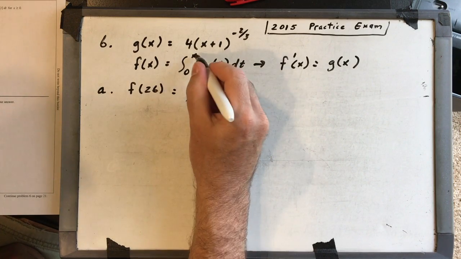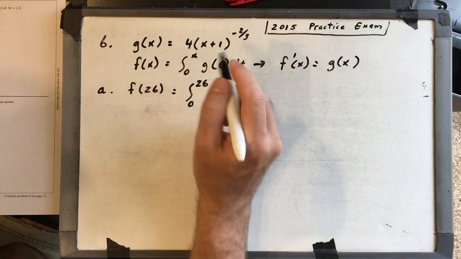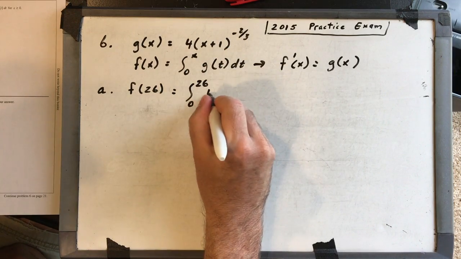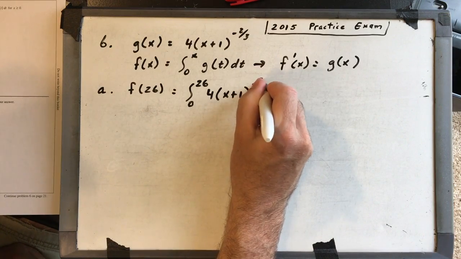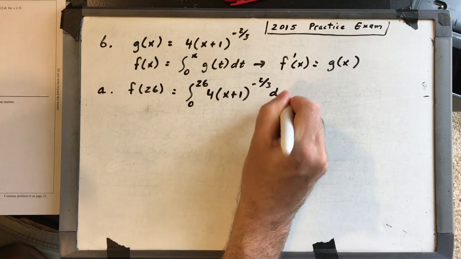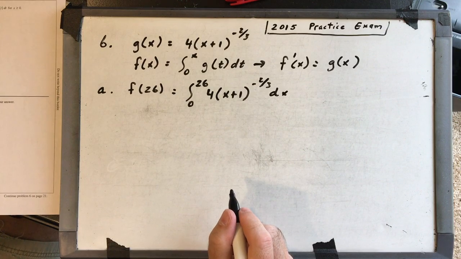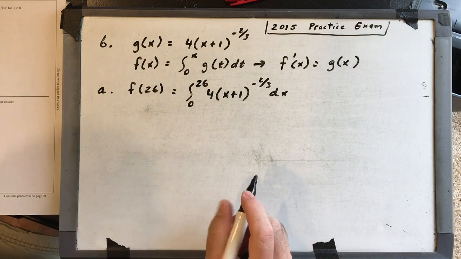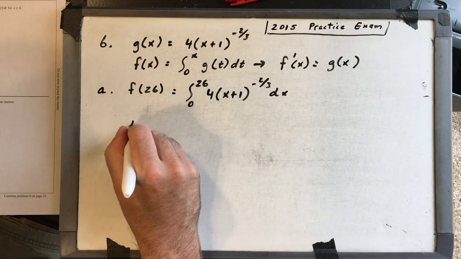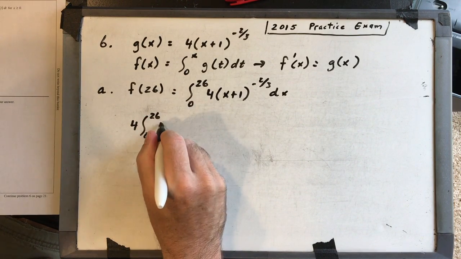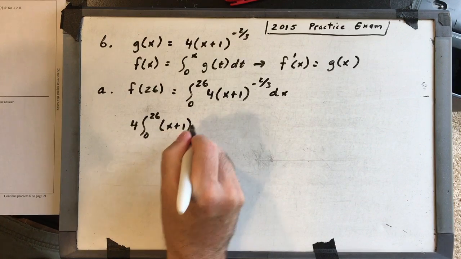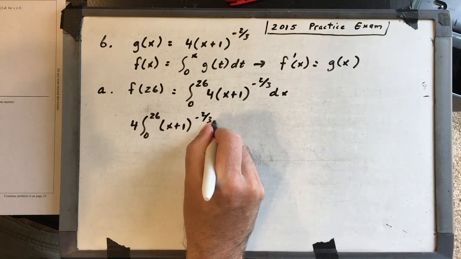So we plug the 26 in for x of f prime of x, the integral of 4 times x plus 1 to the minus 2/3 dx. I'm going to bring that 4 out front. We'd have x plus 1 to the minus 2/3.